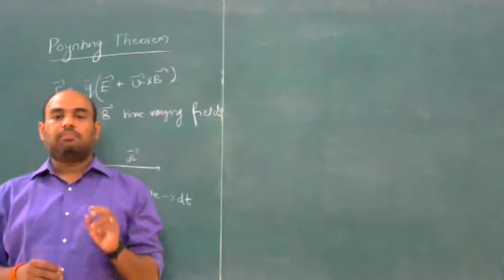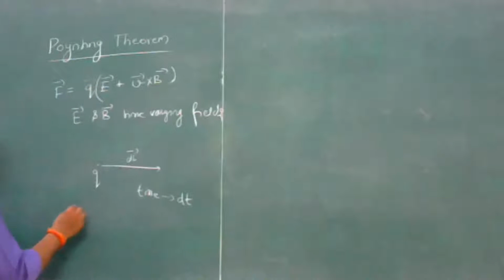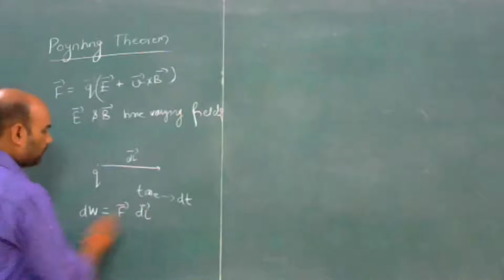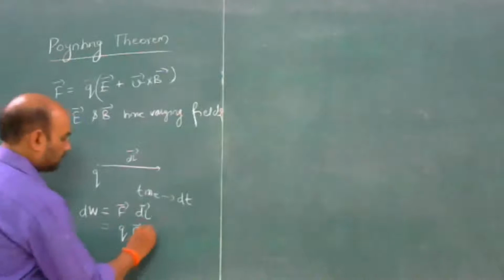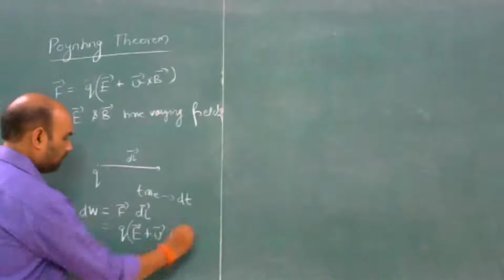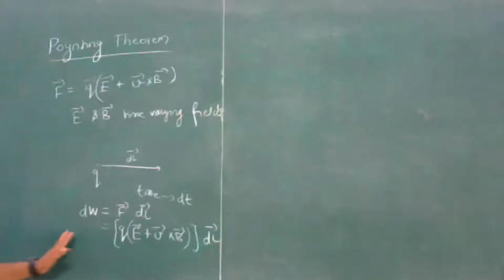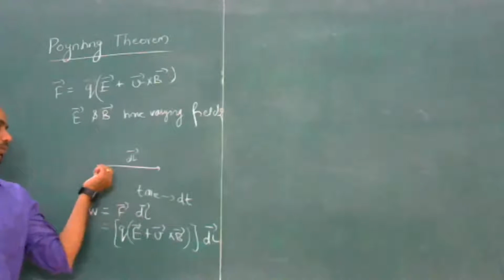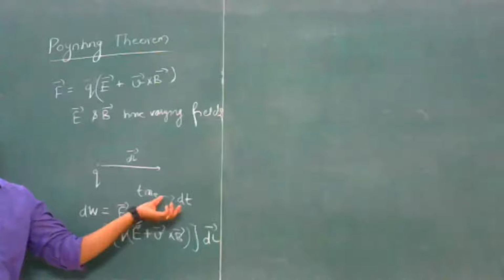The work done by the force on the charged particle will be dW equal to F dot dl, which is Q(E plus v cross B) dot dl. This is the work done in moving a point charge a distance dl in a small time dt.